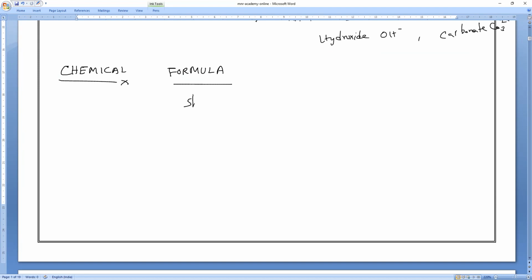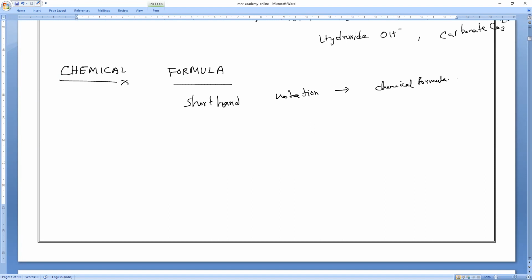The shorthand representation, or we can say notation, of a chemical compound is called the chemical formula. Clear, everybody?